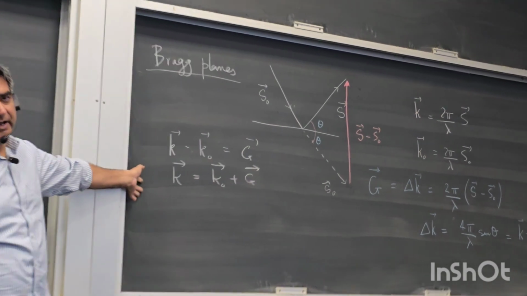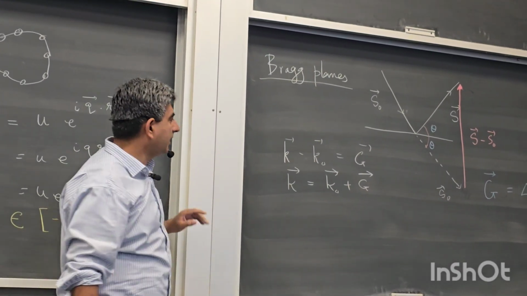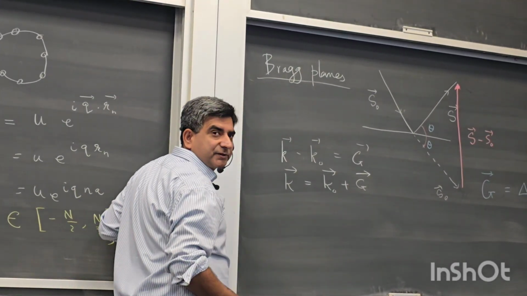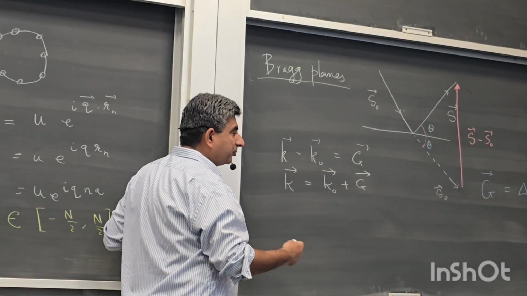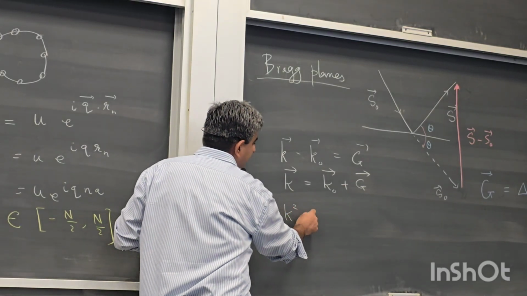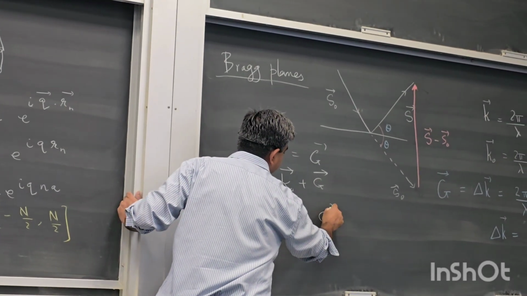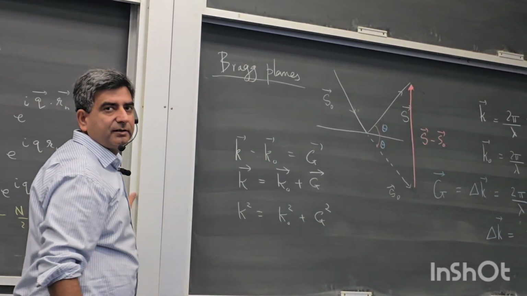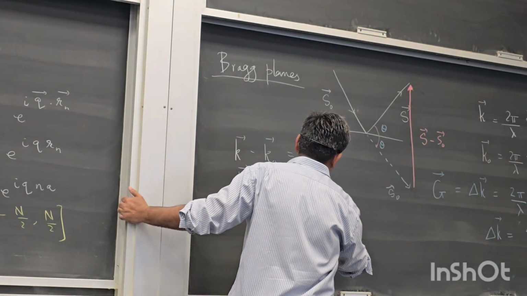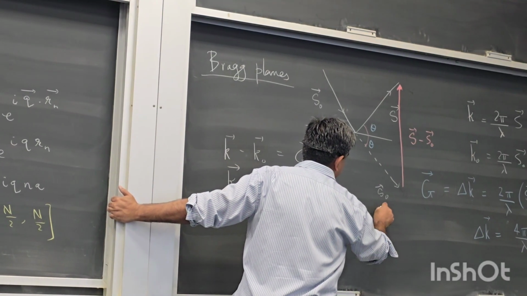So this is the Bragg reflection condition. If I take the square of both sides, or take the dot product of both sides with itself, this becomes k square, this becomes k naught square plus g square, plus 2 k naught dotted with g.